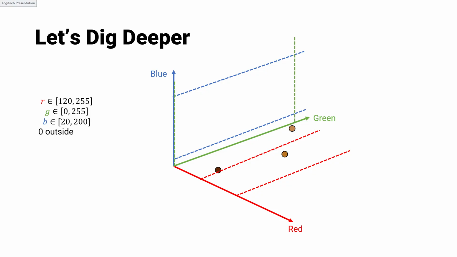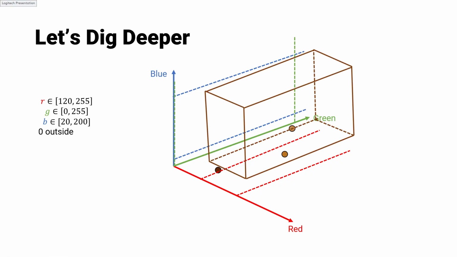Think about what shape this would form in our RGB color representation, bounding the color orange. If you were thinking something like a cuboid, you were absolutely right, because it's the intersection of three pairs of perpendicular planes, which produce the faces of the cuboid.